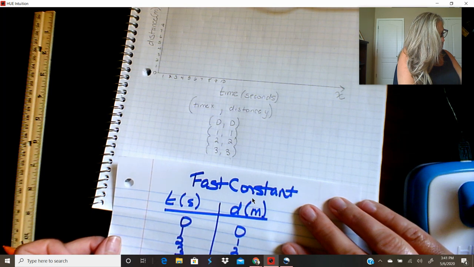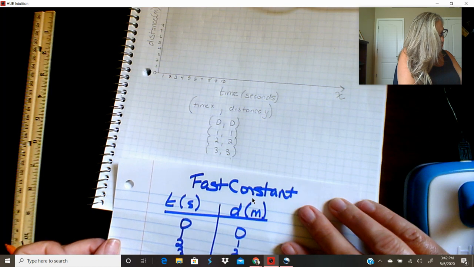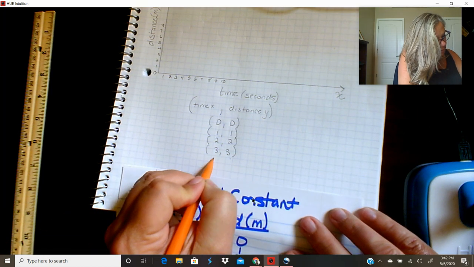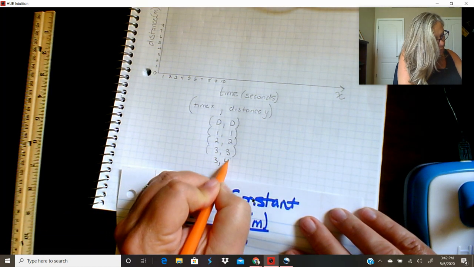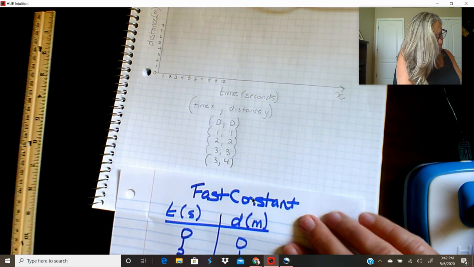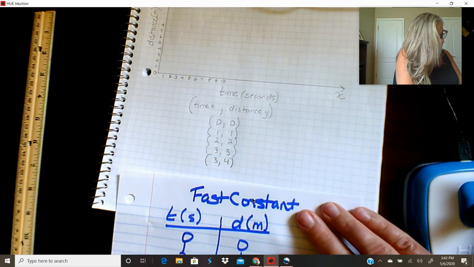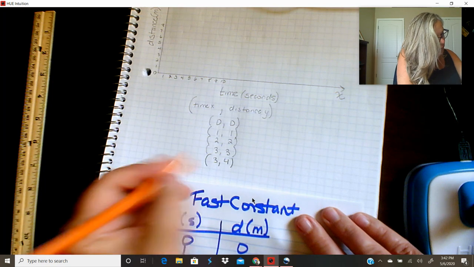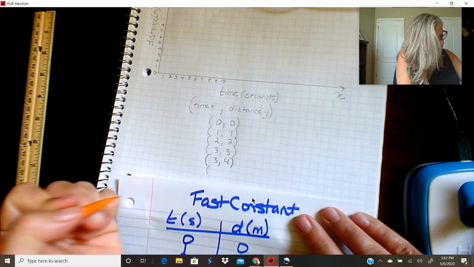Then the next one was the fourth meter. He was still on the 3rd second, so he sped up there just a little bit. It's going to look like he stopped, but he didn't. All right, and then the next one is at the 4 seconds.